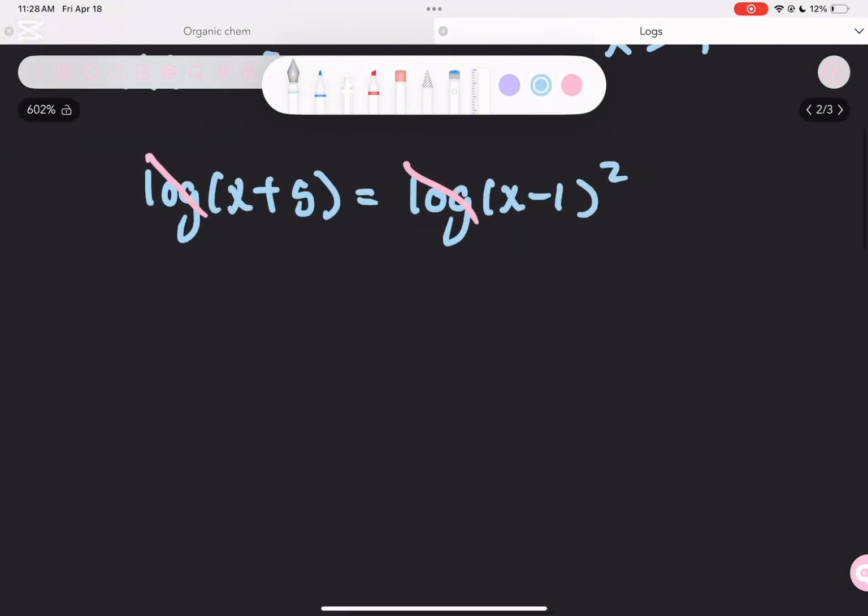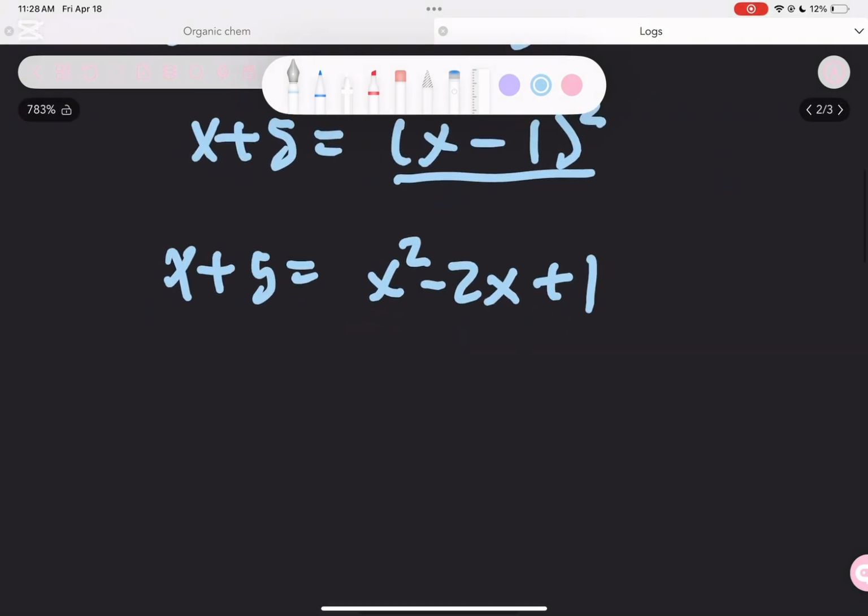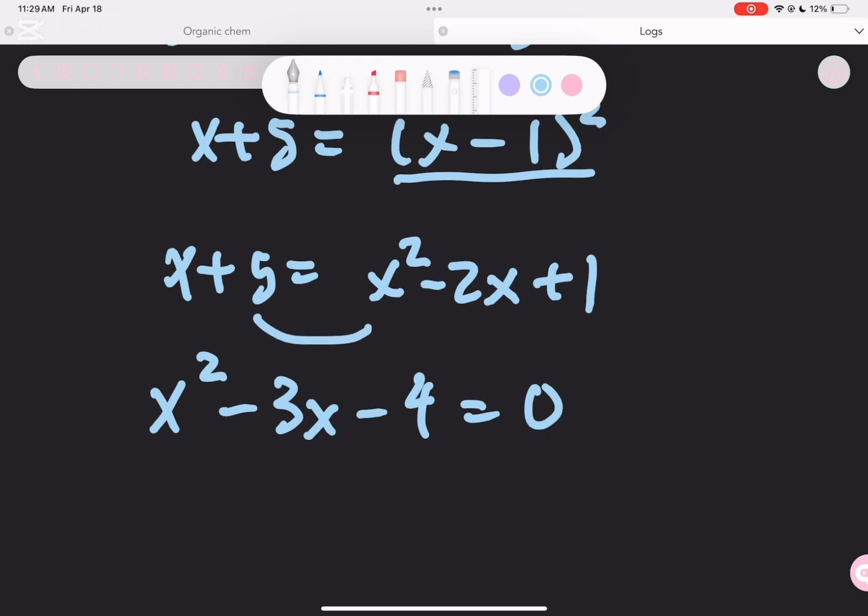So now you're stuck with x plus 5 is equal to x minus 1 squared. Then you can expand this to become x squared minus 2x plus 1. And then you want to make everything equal to 0, so you end up with x squared minus 3x minus 4 equals 0.